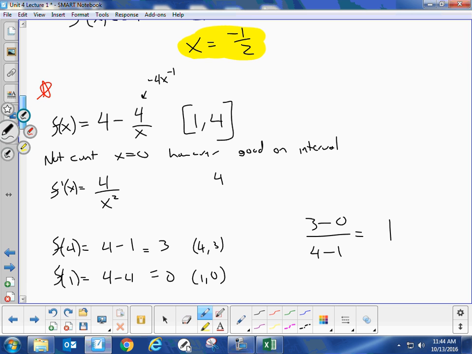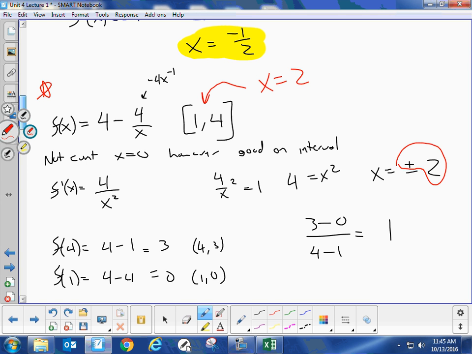I figure out when 4 over x squared equals 1. 4 equals x squared. X will equal plus or minus 2. However, the only value that is guaranteed by the mean value theorem is the positive 2. Because positive 2 is in your interval from 1 to 4. Okay, that's the mean value theorem. Those are the types of problems you're going to do with the mean value theorem.